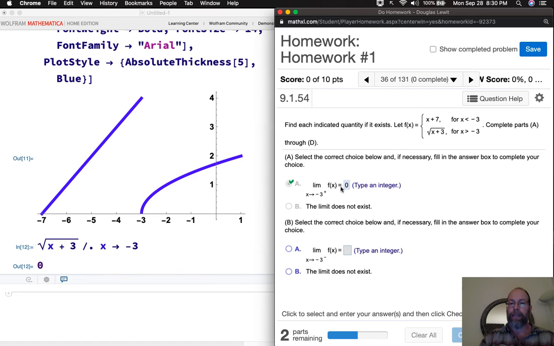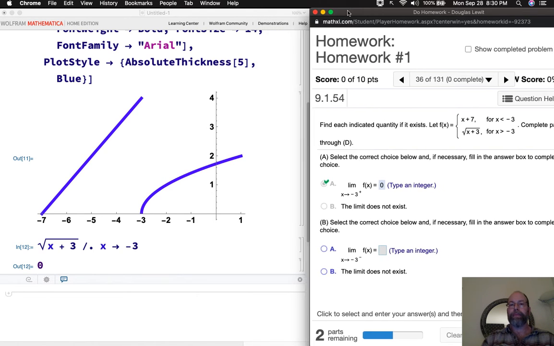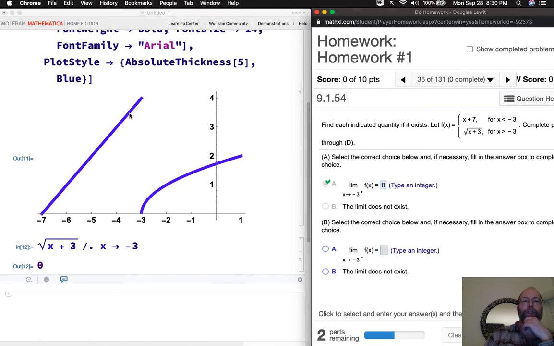Let's see. Select the correct choice below and if necessary, fill in the answer box to complete your choice. What is the limit as x goes to negative 3 from the left side of f of x? Well, we're going to have to look at the function definition to the left of x is equal to negative 3.